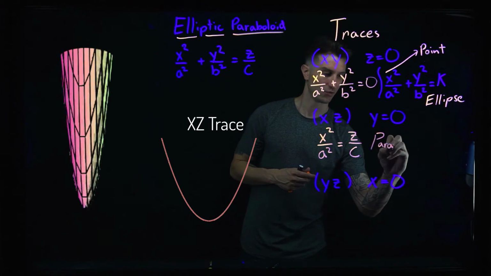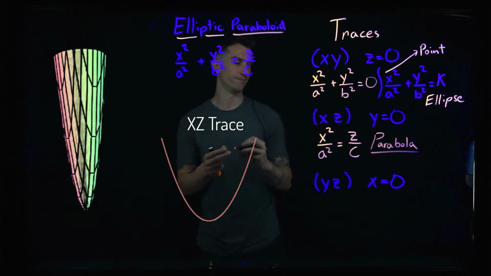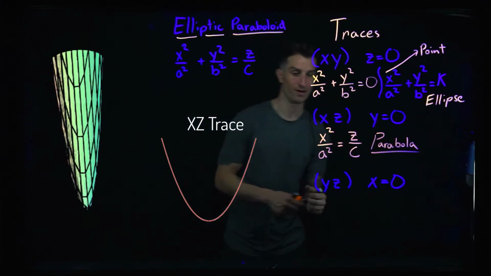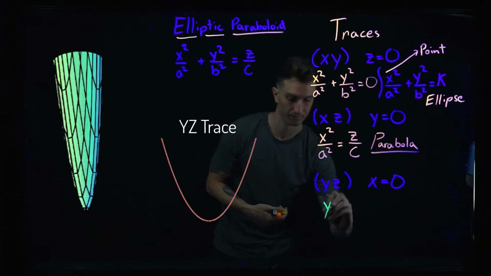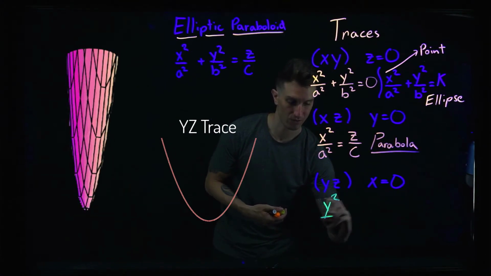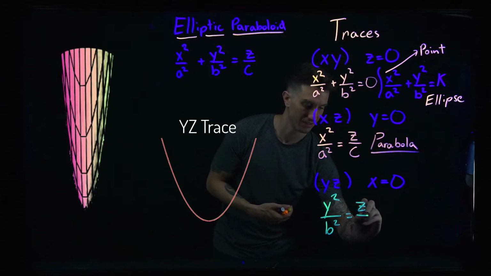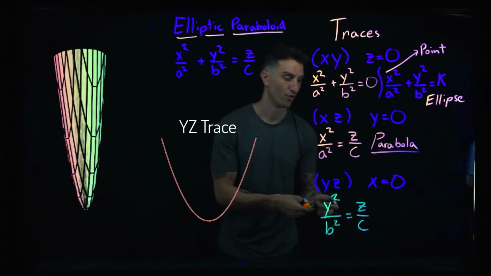And guess what's going to happen for our last one here? Same exact thing. X is equal to 0. We have y squared over b squared is equal to z over c. And again, we end up with a parabola.